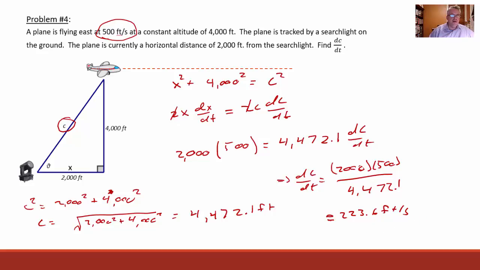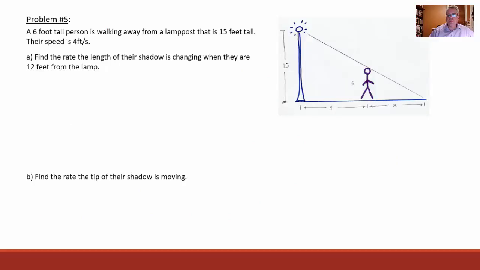All right, well, we've made it to our last problem. So this is a classic shadow problem. This is a 6 foot tall person walking away from a lamppost that's 15 feet tall, and their speed is 4 feet per second. In this diagram, y is the distance from the lamppost to the person, and x is the length of the shadow.